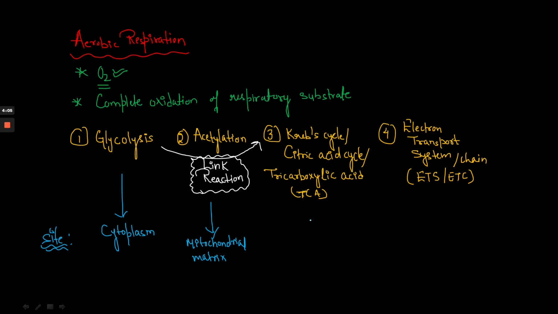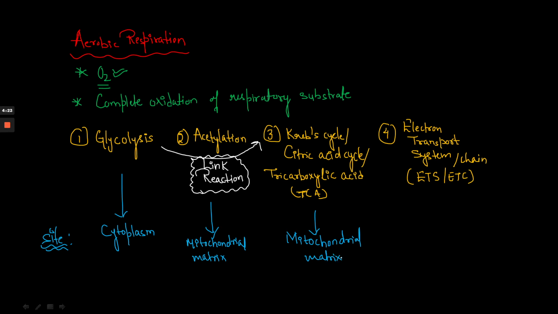Okay, for the Krebs cycle, it is the same as that of the acetylation reaction. So this Krebs cycle also takes place in the mitochondrial matrix.